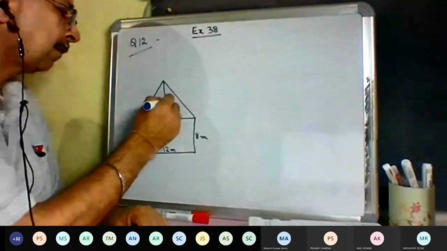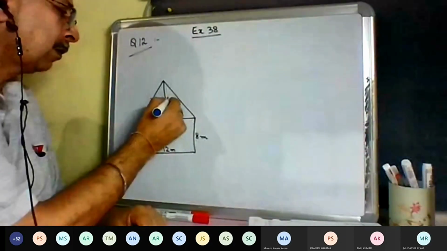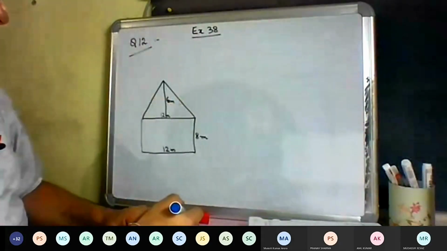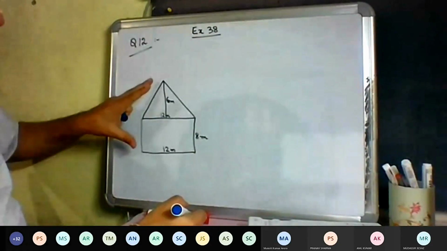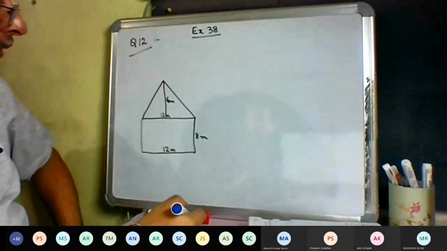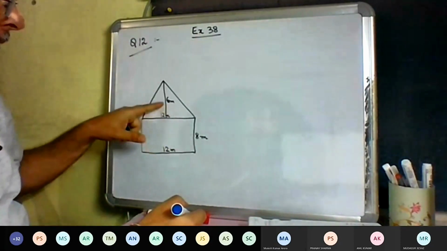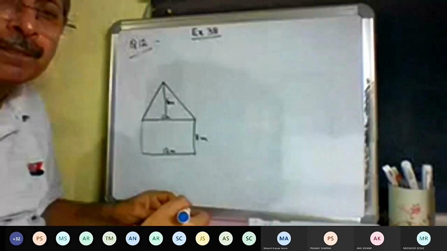This is 6. So the total height of the whole combination becomes 8 plus 6, 14 meters.